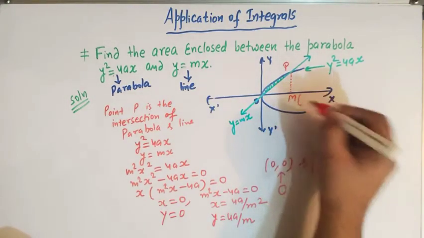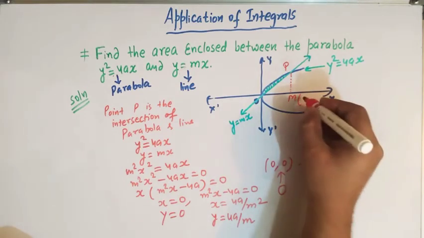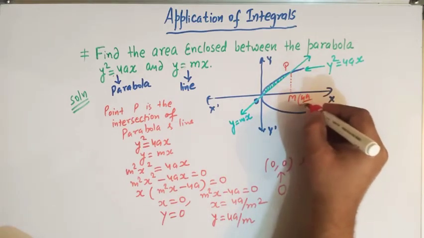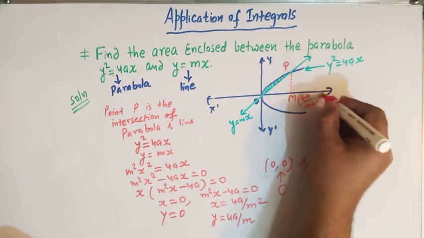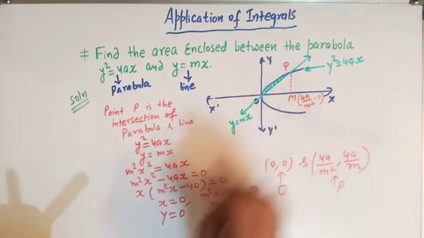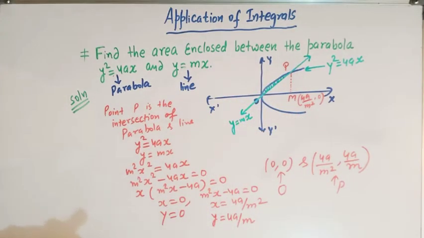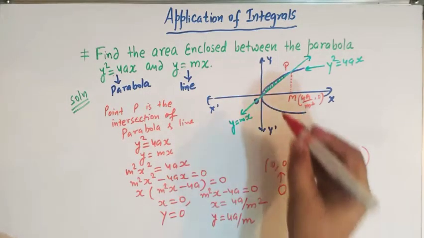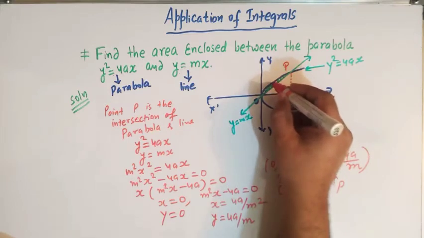So this point is 4a by m square, 0, right? Now we have to find this shaded area. So this shaded area can be calculated by drawing two strips.